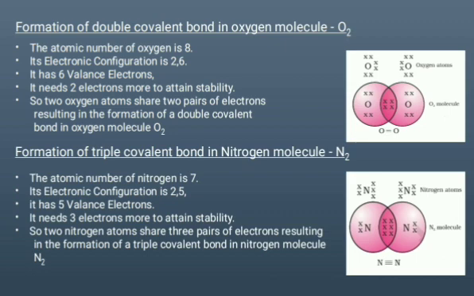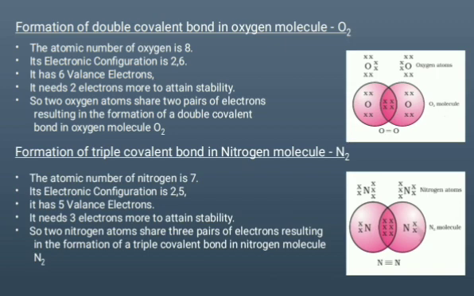Formation of triple covalent bond in nitrogen molecule, N2. The atomic number of nitrogen is 7. Its electronic configuration is 2, 5. That is, the valence shell or outermost shell contains 5 electrons.